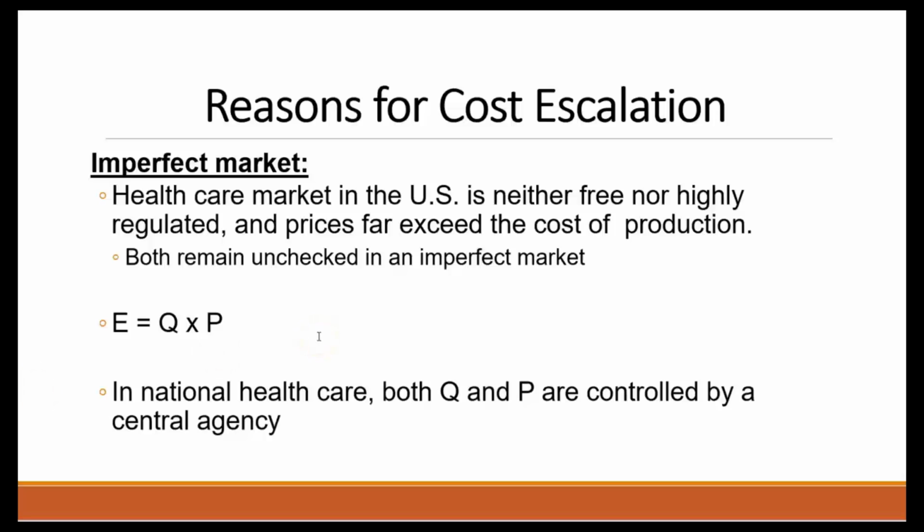In an imperfect market, utilization of healthcare is driven by need rather than demand. Utilization is increased when patients are insulated from having to bear the cost of healthcare. Providers are able to induce demand to increase their own incomes. Higher utilization means higher quantities of healthcare services are consumed.